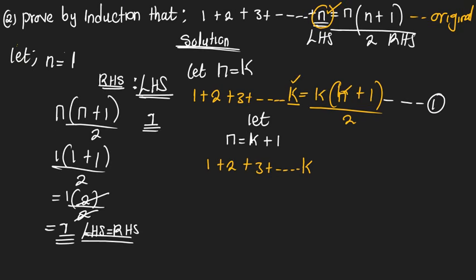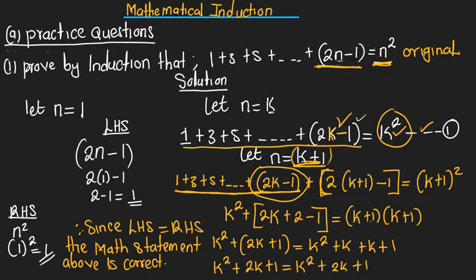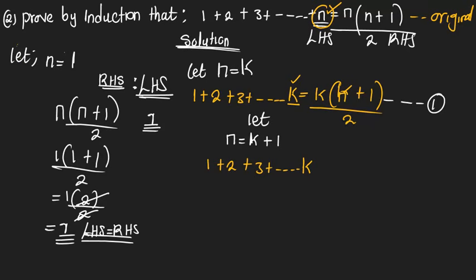Then what did we do? We added plus, then went to the original equation, this part. But where there is n, we are replacing with k plus 1. So we say plus, then we get the original part, which is this n.